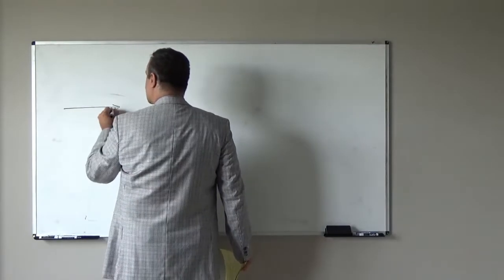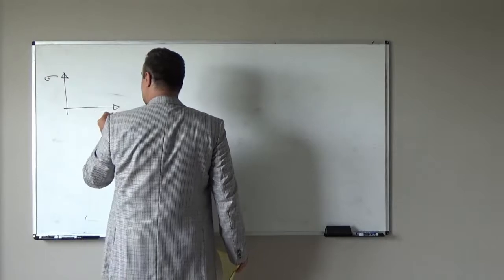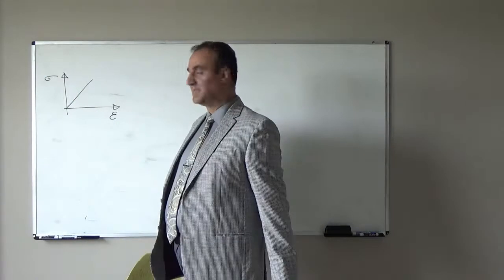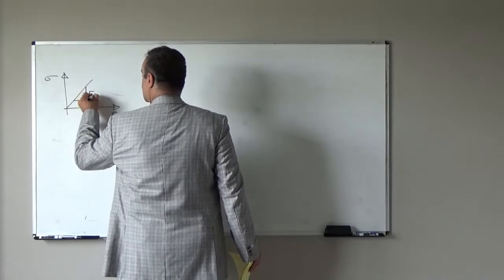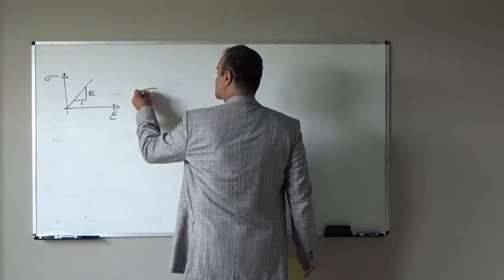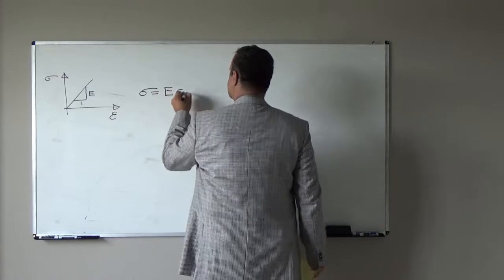If we have one rod, we apply tension for linear elastic material in the small deformation range. The curve is like this, and Hooke's law is sigma equal to E epsilon.